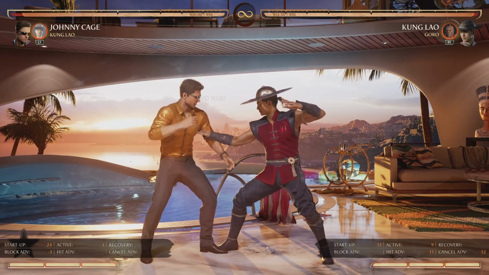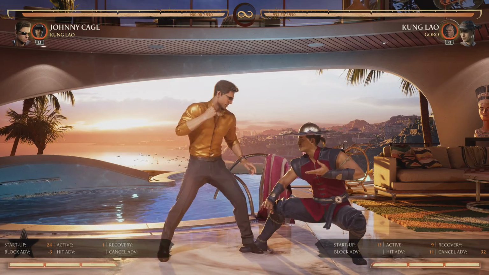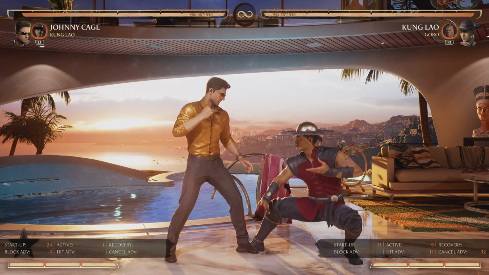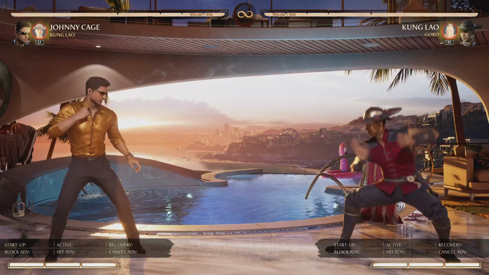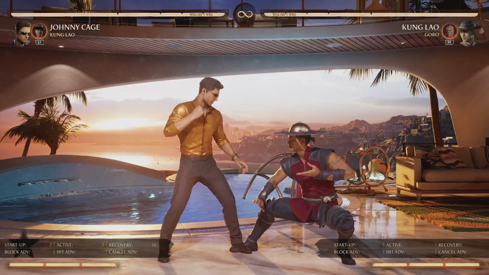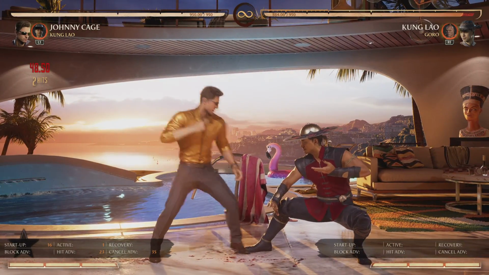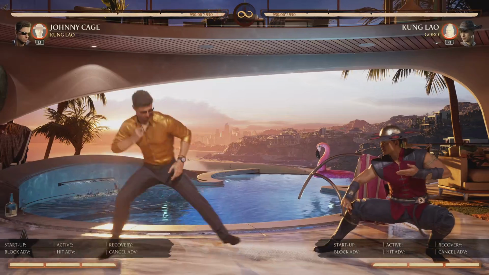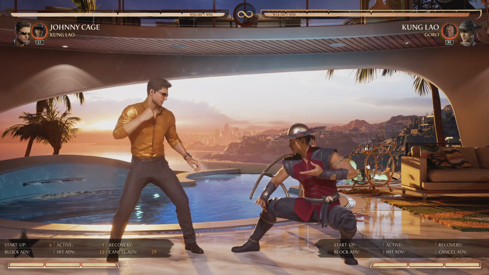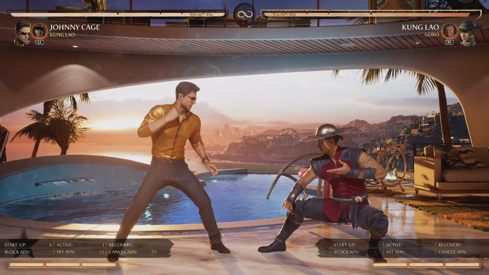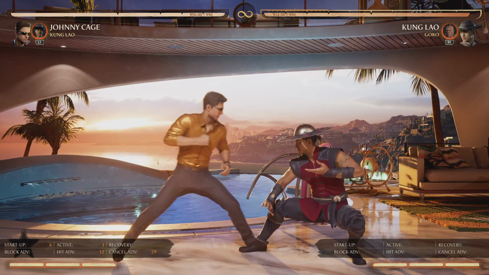I'm -3 after Lao Hat, and Kung Lao's mid is 13 frames, so his mid comes out in 10 frames. However, every character has moves that are faster than 10 frames. Your jab is faster, so if he's going to press a mid, boom, interrupted. My poke is 6 frames, so his mid wouldn't come out fast enough. That is why frame data, while very important to learn, is not the law in every situation.